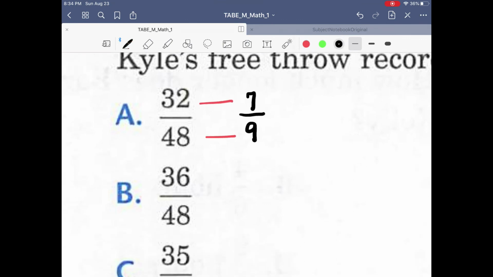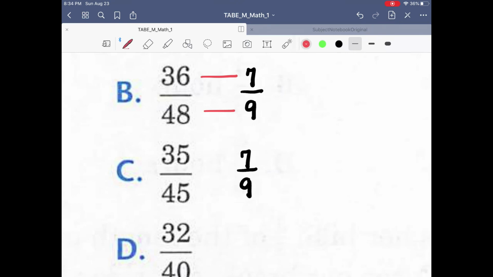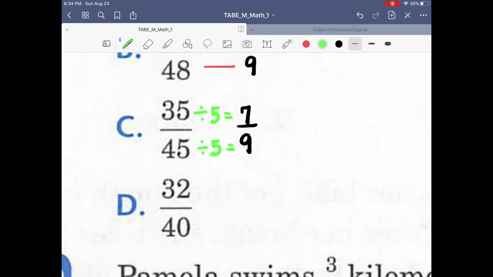I don't think I could get division to work top or bottom on that one. On this one, 7/9. Same thing. I can't get it to work top or bottom. This one, however, I can get it to work top and bottom. And it looks like, sorry, I used the wrong color, because that is going to be the one I want.